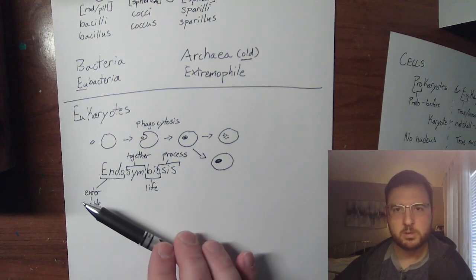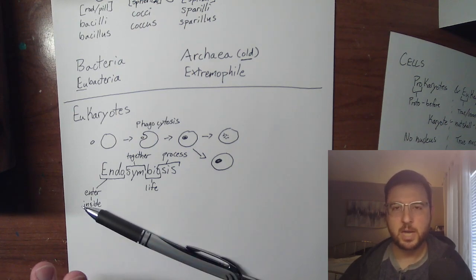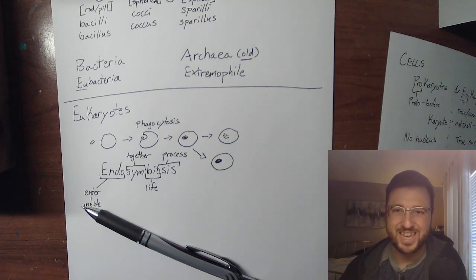What if I told you that your cells actually had bacteria inside of them? Not around them, not on them, but living inside of every single one of your cells is another cell. And that cell is giving you the energy you need for your life.